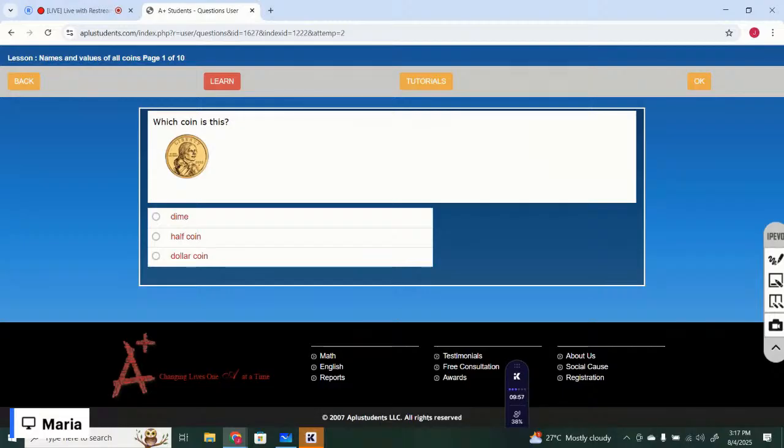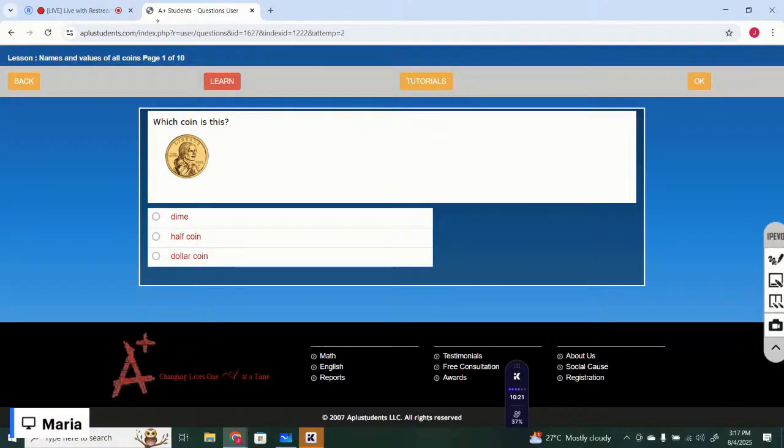Which coin is this? That is the dollar coin.